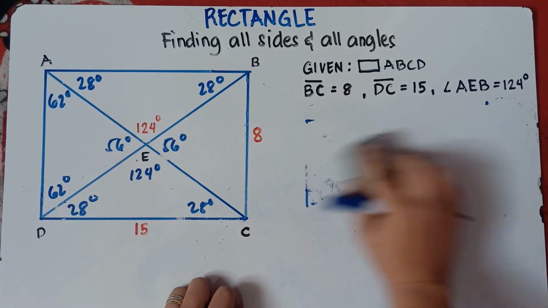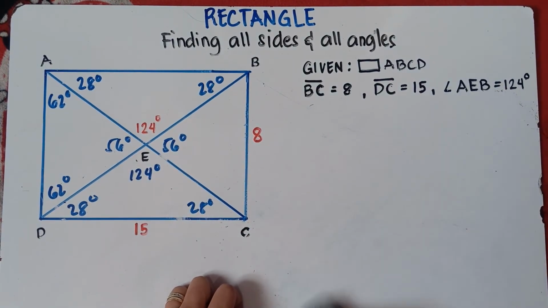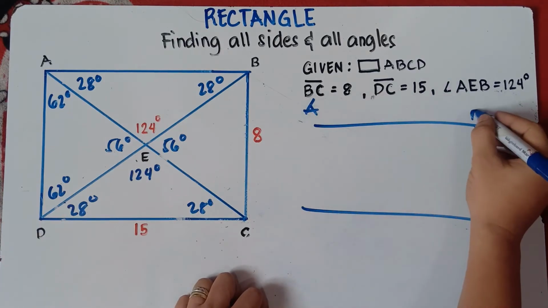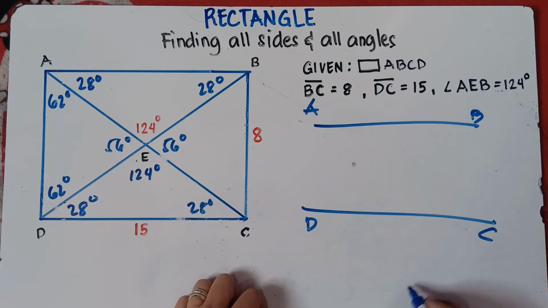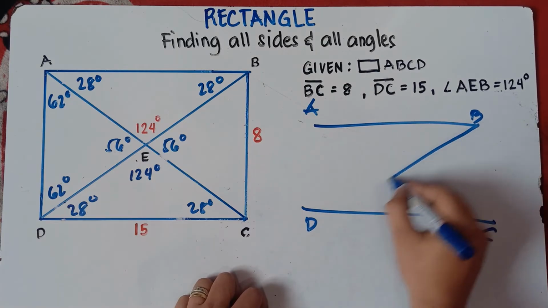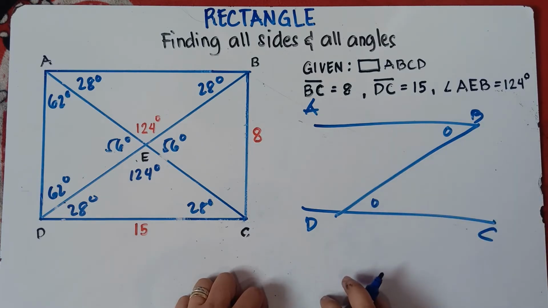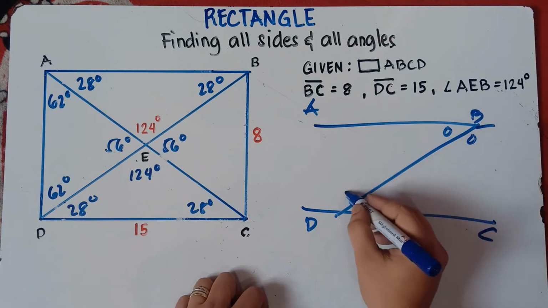Okay, alternate interior angles. Let me just explain that one. If you have two parallel lines, so you have AB and DC, and they are cut by a transversal line, this angle is congruent to this angle, and this angle is congruent to this angle.